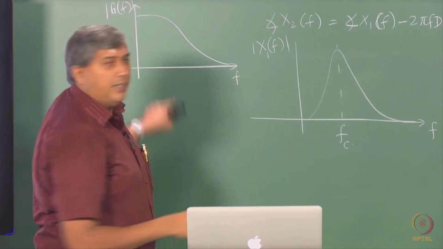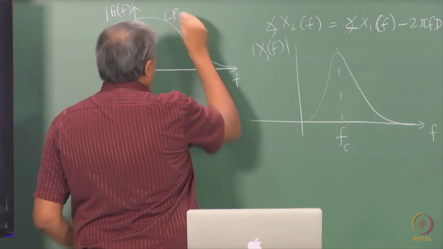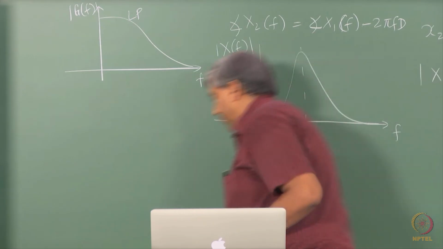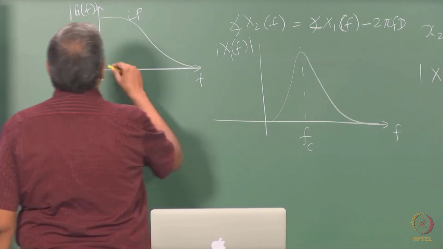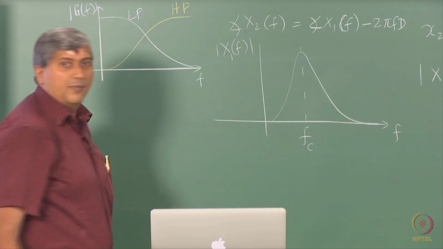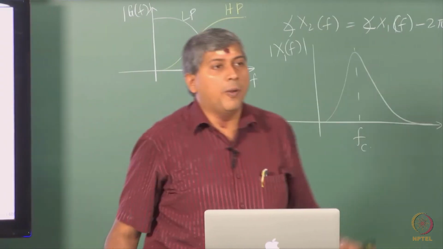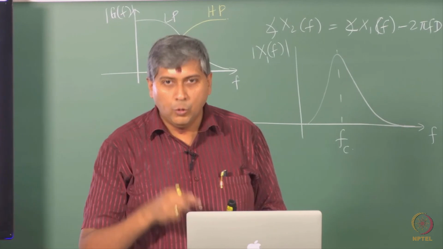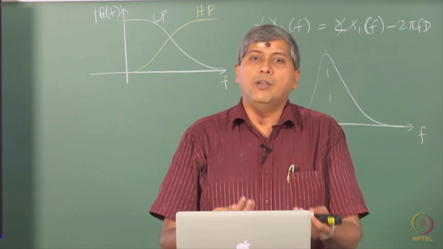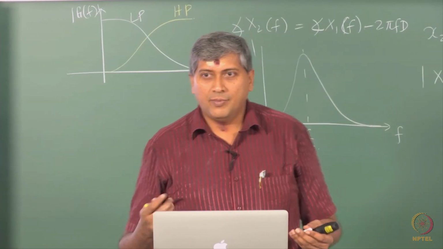This is your low pass filter, right. On the other hand, for a high pass filter, the frequency response would look like this, and for a band pass filter you would see something like what you see on the screen, like a notch. I mean, you can have band reject also, okay.